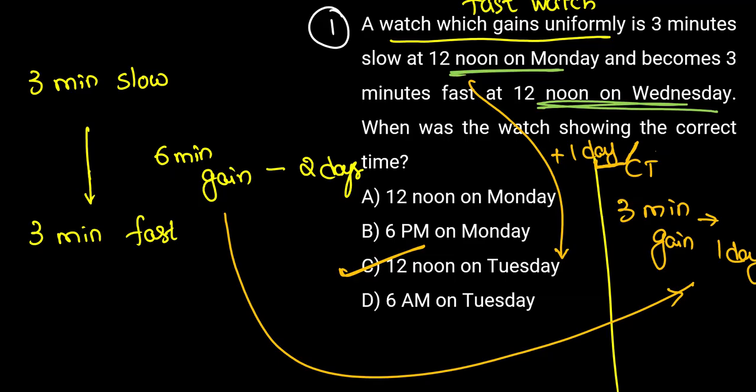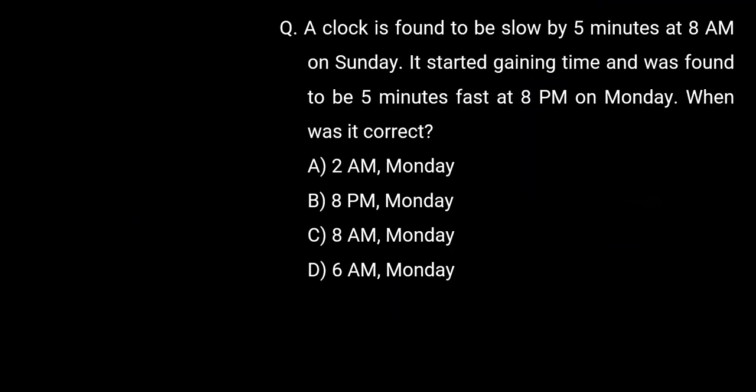Everyone, hope you understand. Got it? Shall I go for the next question? This is one model. Incorrect time is not completed with this one. There are a lot of different varieties of questions available. This is very basic. Next question, with the same methodology, a similar question, slightly updated.